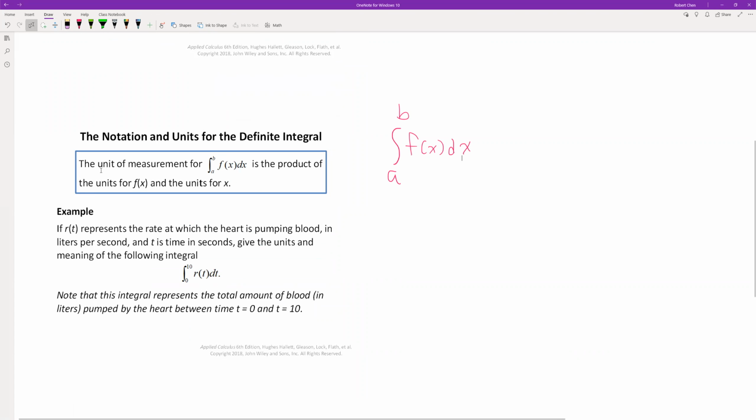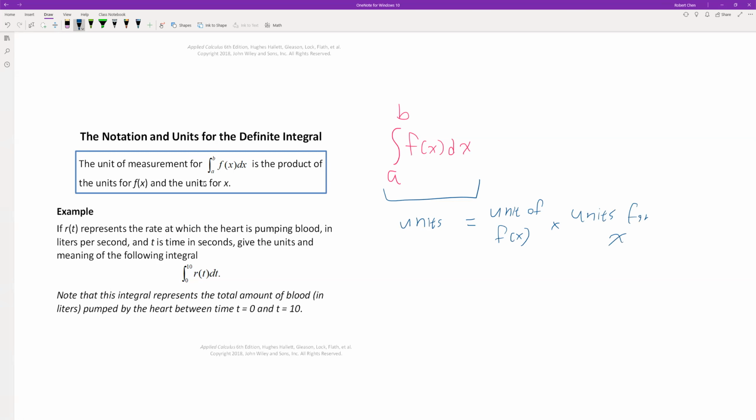The units for the whole integral is equal to the units of f of x times the units of x.